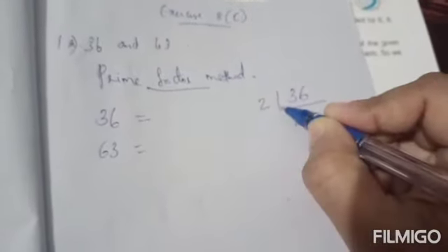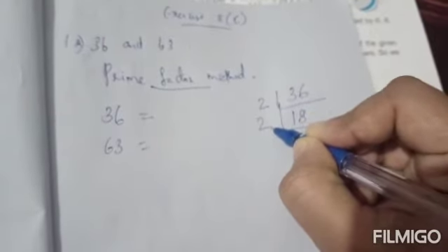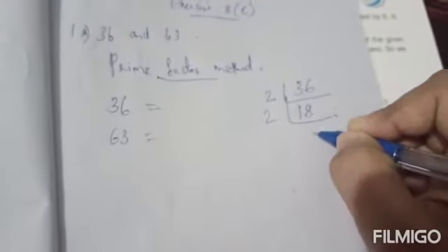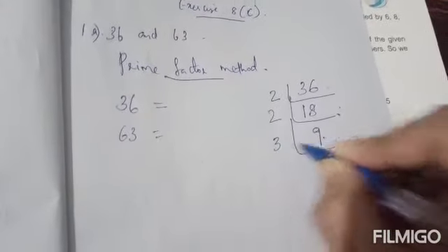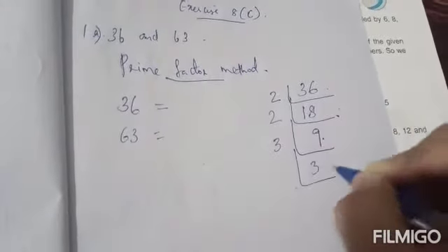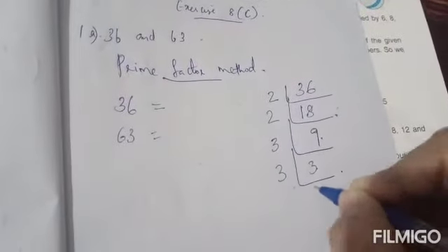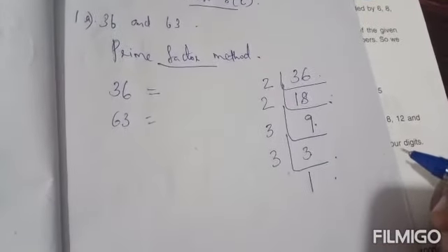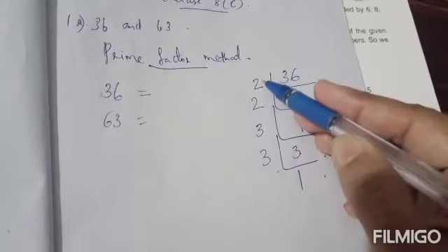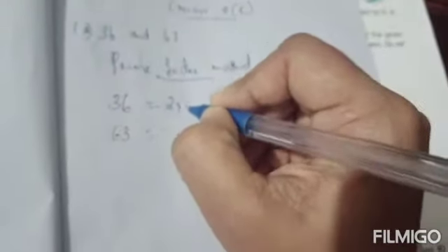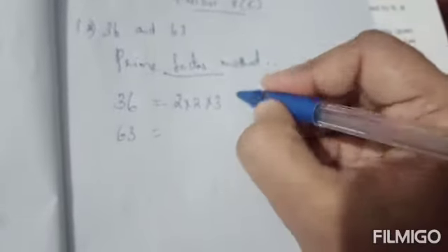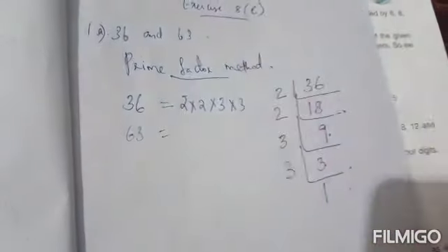Now 18 you can divide by 2, you will get 9. Now 9 you can divide by 3, you will get 3. 3 you can divide by 3, you will get 1. So 36, how can we write? 2 into 2 into 3 into 3.